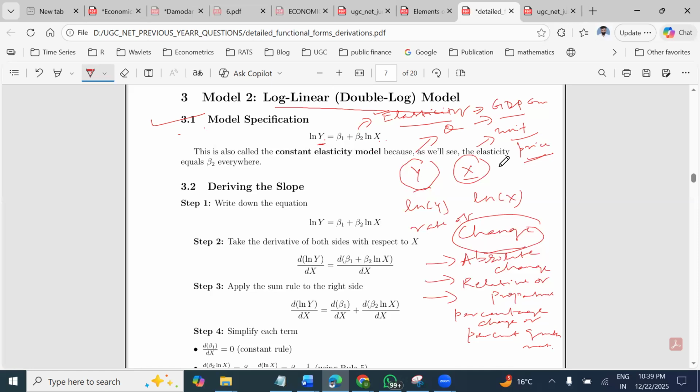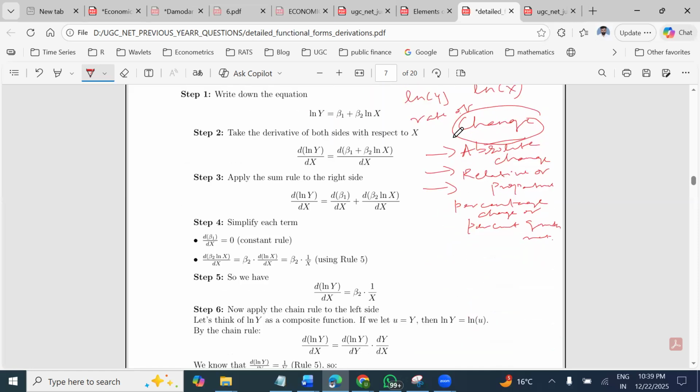Positive change, negative change is fine, but how will we measure the change? How will we measure the rate of change? Whenever we say change, or rate of change, it is always in terms of time. So in time series data, we calculate, for example, GDP growth rate.